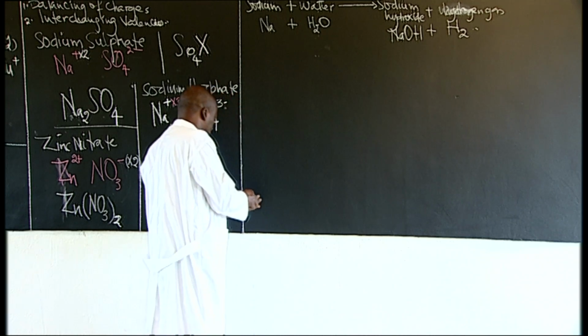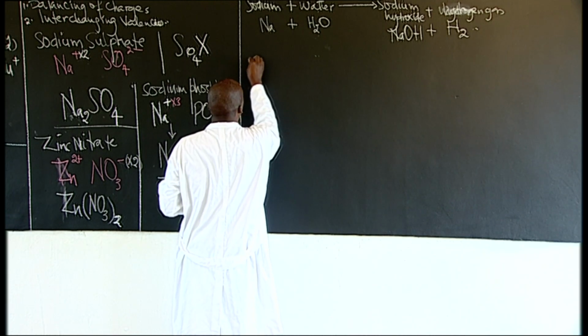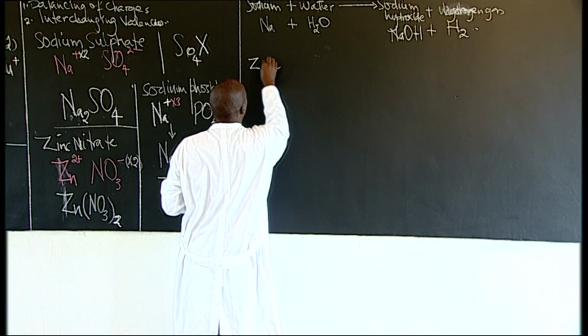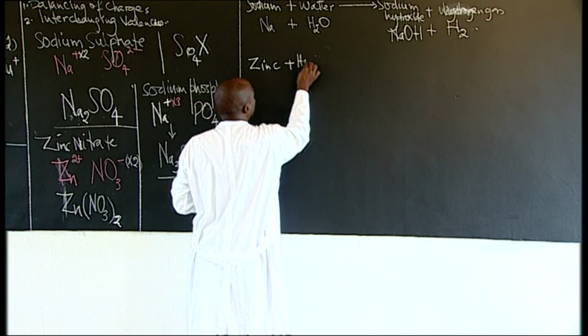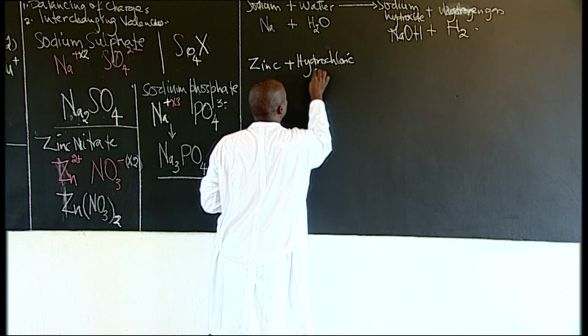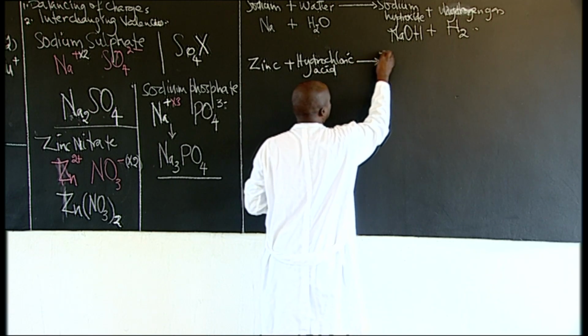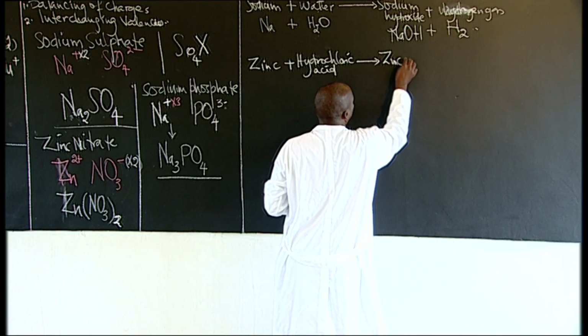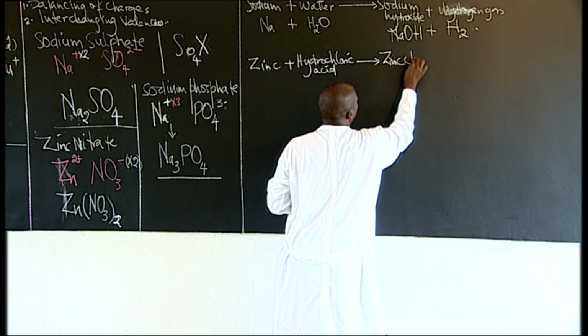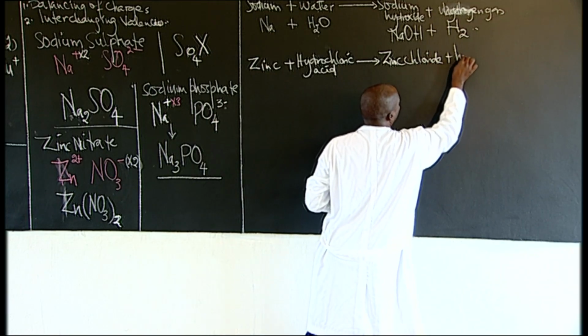So we can have another example. We may have zinc plus hydrochloric acid, which will give zinc chloride plus the hydrogen gas.